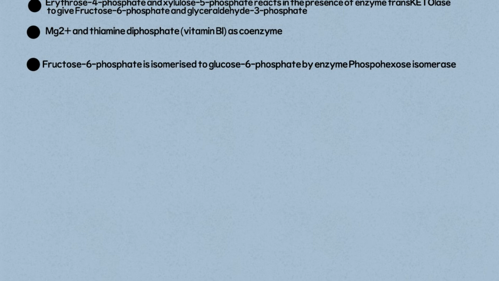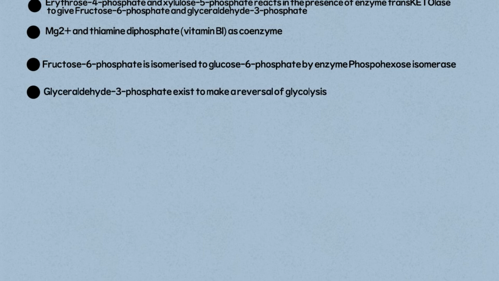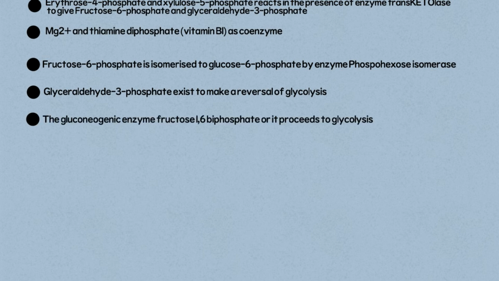Subsequently, fructose 6-phosphate is isomerized to glucose 6-phosphate by the enzyme phosphohexose isomerase. Glyceraldehyde 3-phosphate can be used to make a reversal of glycolysis, with the gluconeogenic enzyme fructose 1,6-bisphosphatase.